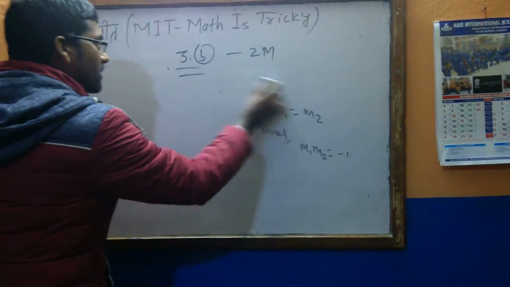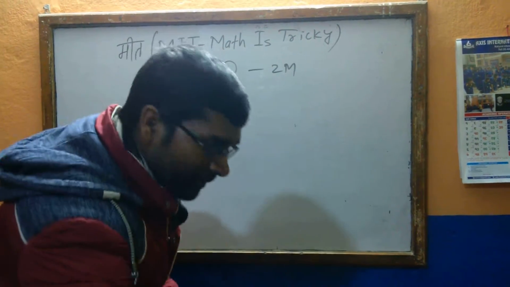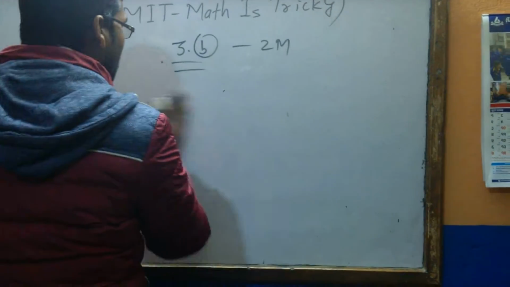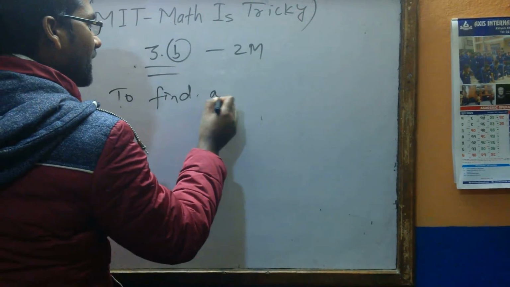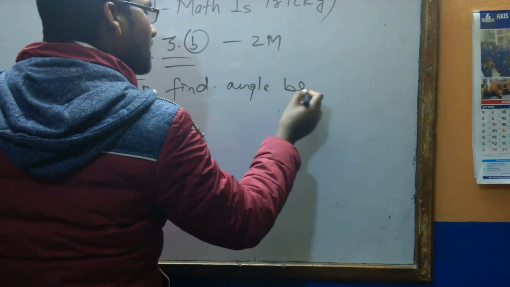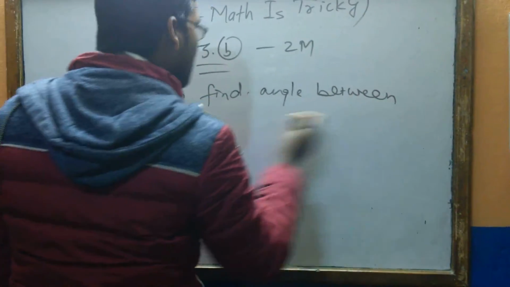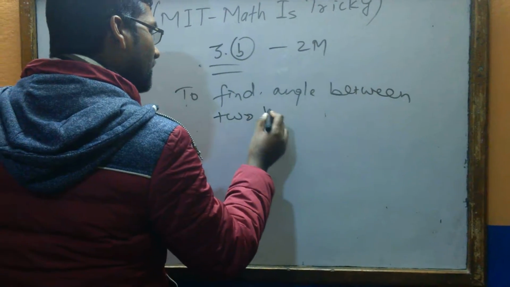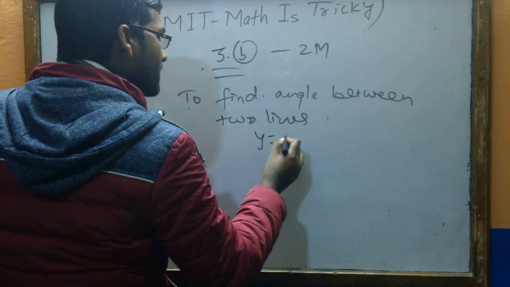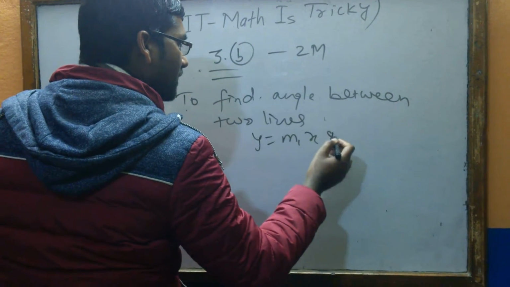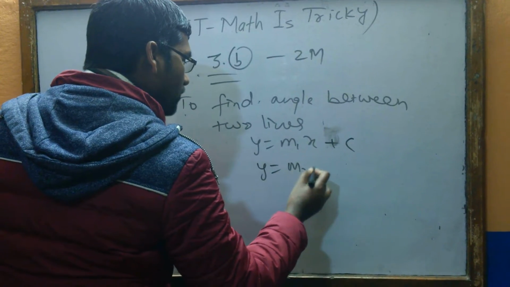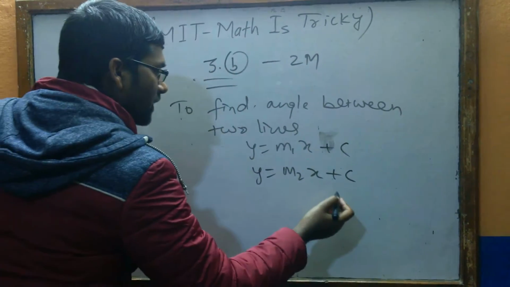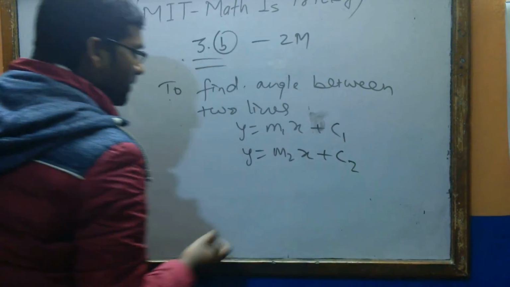Now sometimes the question may be based on finding the angle between two lines y equals m1x plus c1 and y equals m2x plus c2. Here c1 and c2 don't matter.